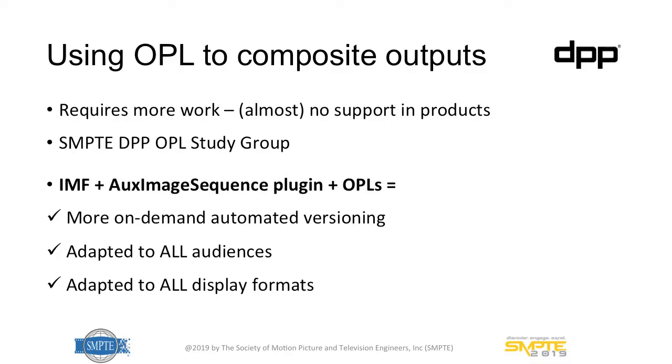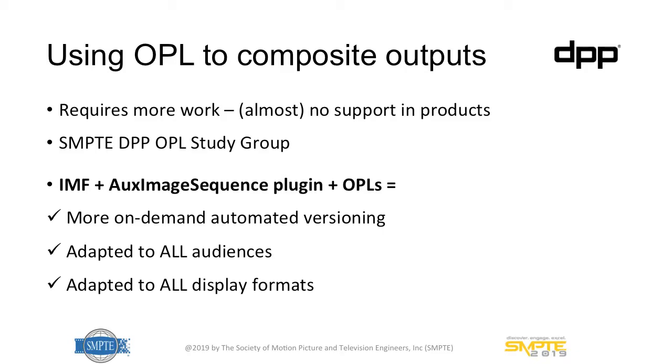The thing about OPLs, though, is that support for them in products in the market is virtually non-existent. And so there is a whole other world of work on making OPLs happen and practical in the real world. So there is a study group going on within SMPTE, chaired by Arjun Ramamurthy from Disney, which the DPP has really been kind of driving into and providing a lot of input into.